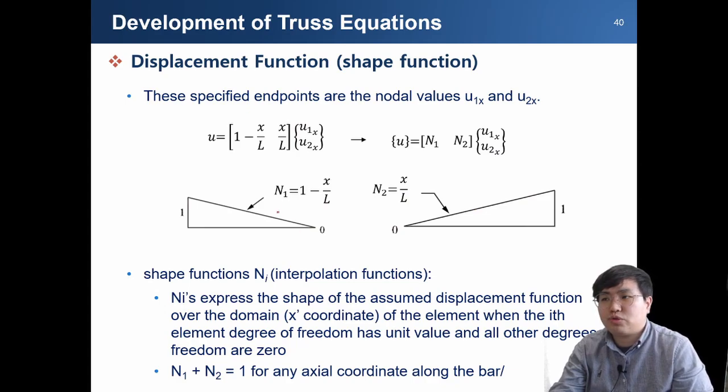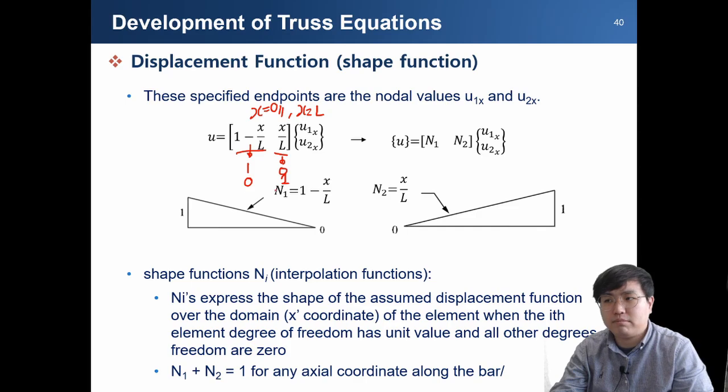This shape function has very simple characteristics. If you put in x equal to 0, the first element N1 equals 1, and the second element becomes 0. However, at the end point, the first part becomes 0, and the second element becomes 1.